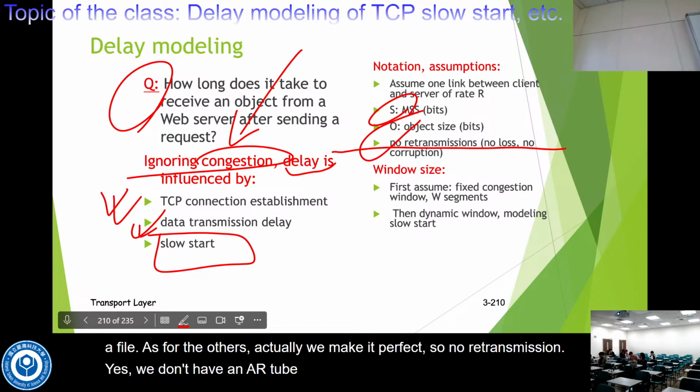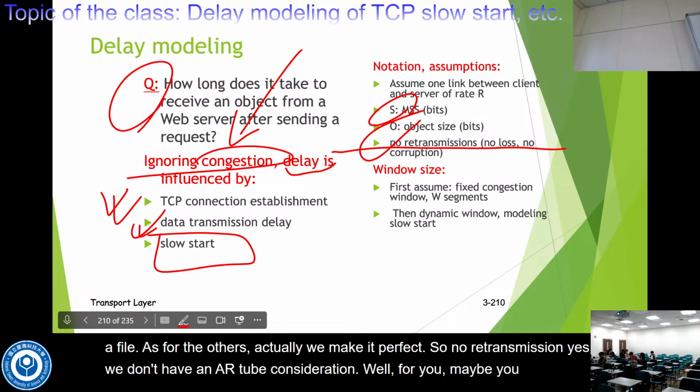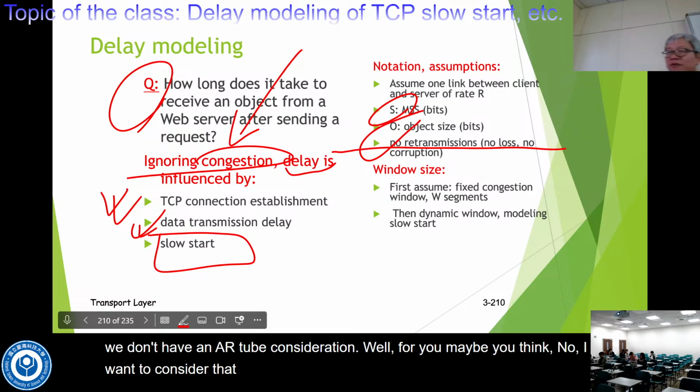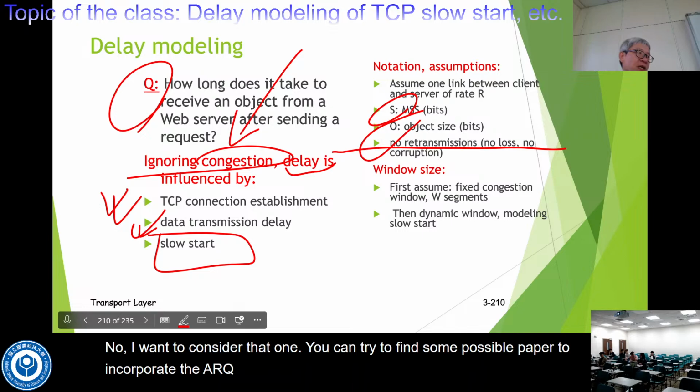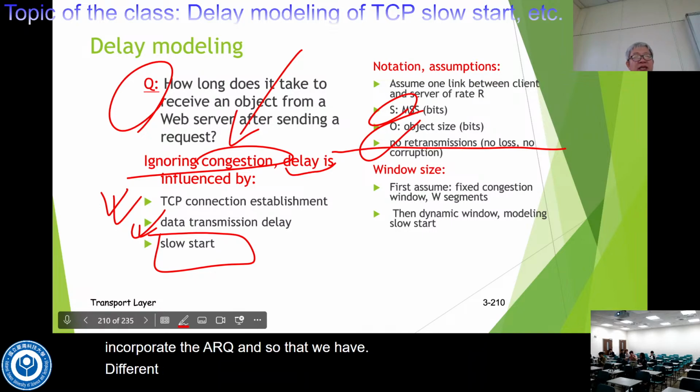Well, maybe you think, no, I want to consider that one. You can try to find some paper to incorporate ARQ, and then you would have a different time calculation if you want that case.